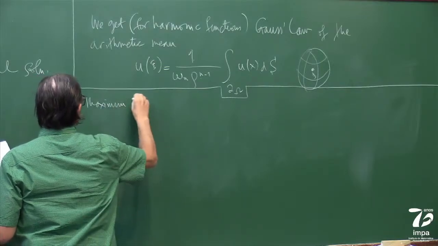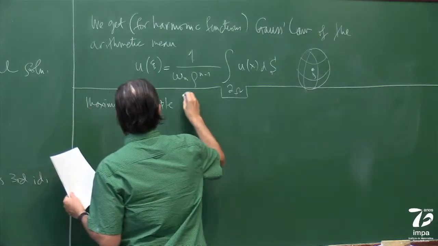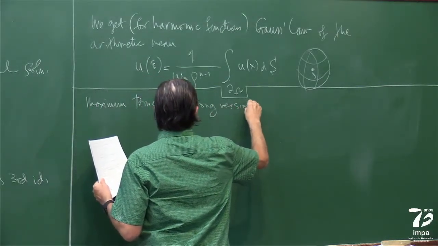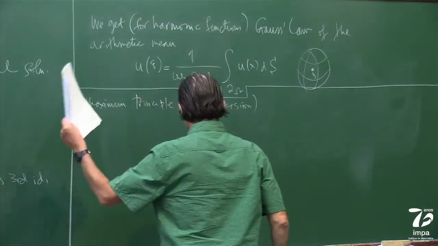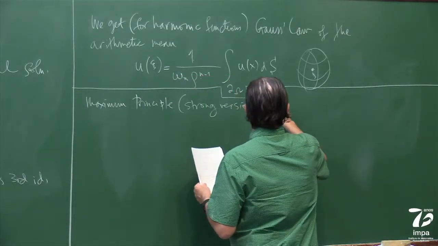So this gives us the maximum principle in a very intuitive way. And this here is what's called the strong version. There are a few versions. You find this in Fitzjohn, in Evans, and so on, which is this.